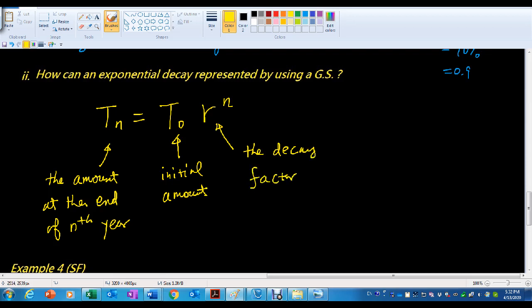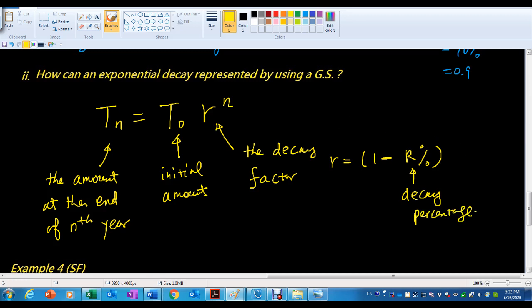Decay factor is always equals 1 minus, not plus. So that's R%. The big R is what we call decay percentage.